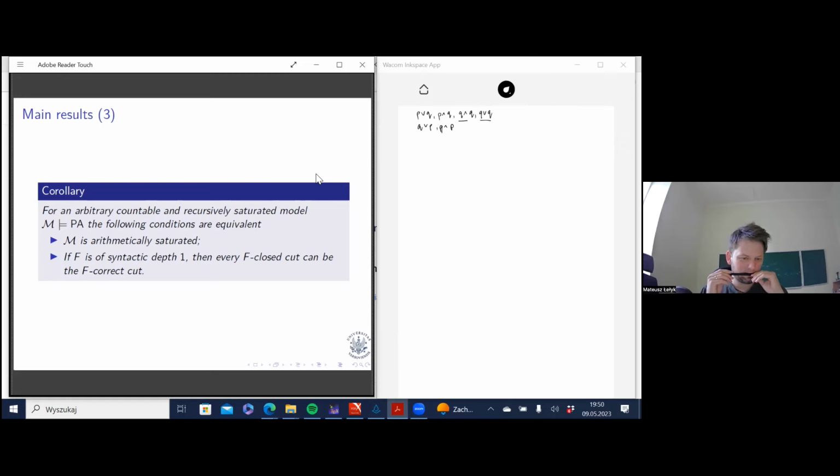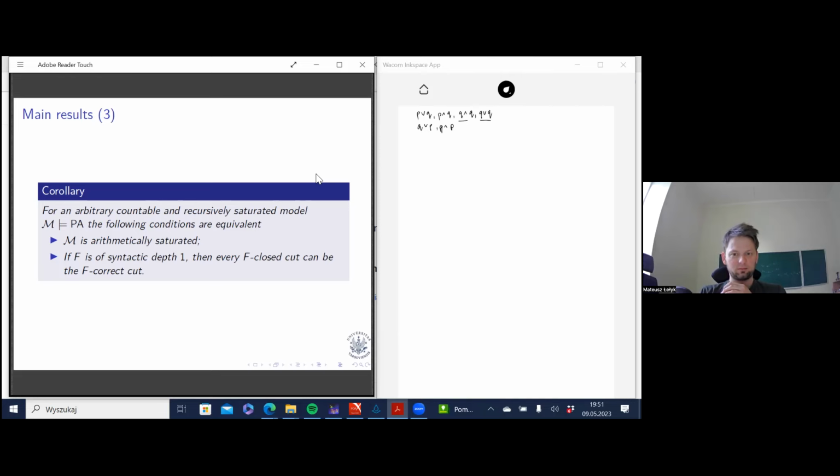If a model is countable, recursively saturated, then either every single cut that is closed under, let's just say, successor, can be the idempotent disjunctively correct cut. If that happens, then the model must be arithmetically saturated. Or alternatively, if the model is not arithmetically saturated, there is some cut, again closed under successor, that cannot be this IDC, the idempotent disjunctive correct cut.